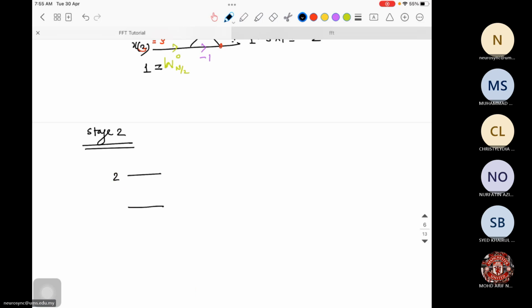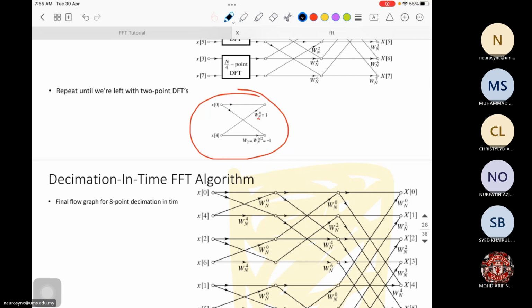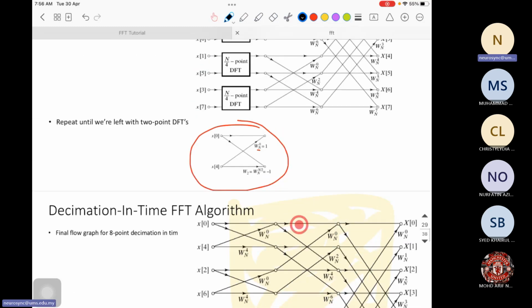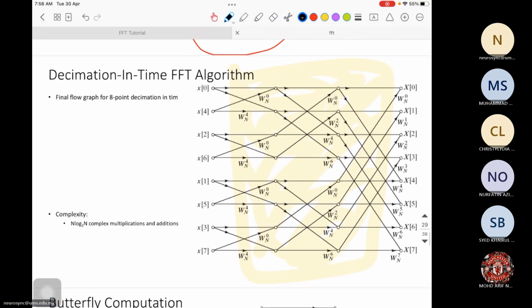For stage 2, we will have a structure like this. We start with the single-point DFTs, then go for the 2-point DFT. The butterfly structure will be like this.